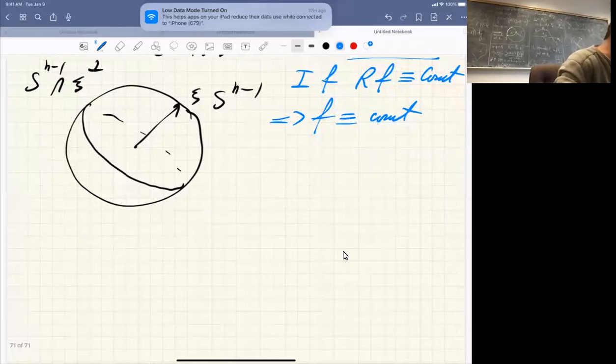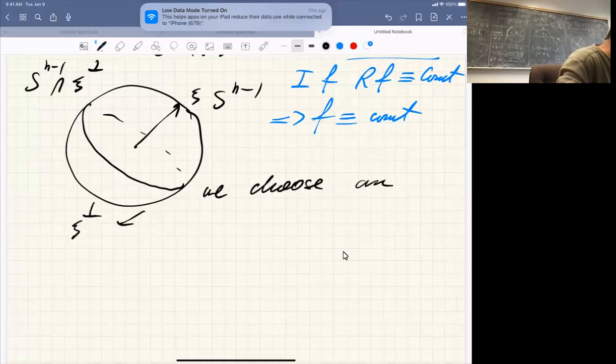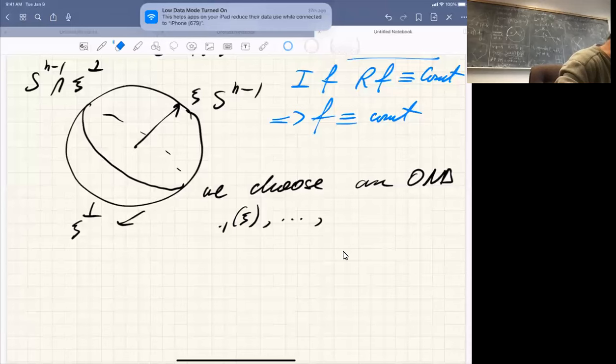Why are we done? Because we have our subspace psi perp. We choose an orthonormal basis, eta 1 of psi, up to eta n minus 1 of psi.